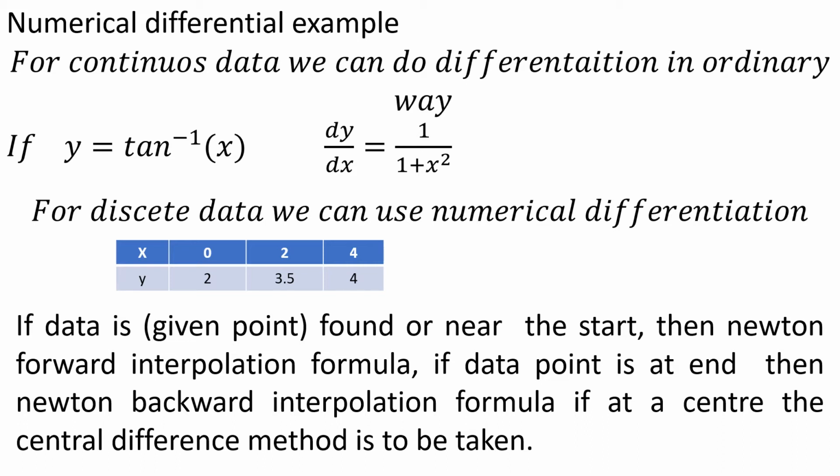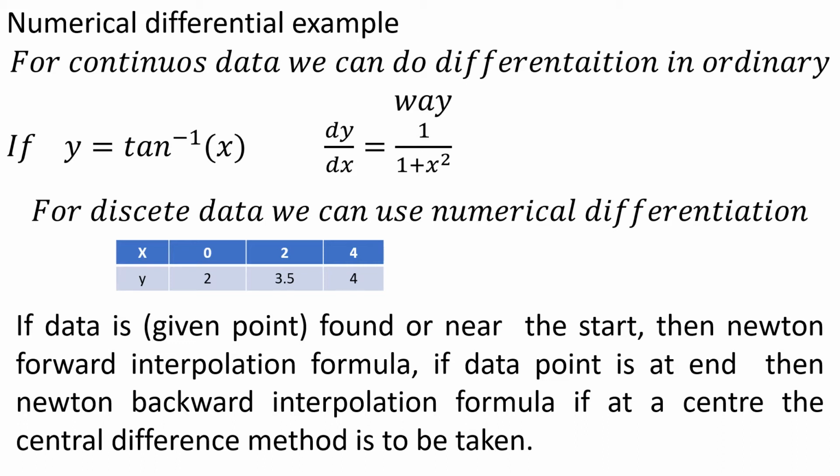For discrete data, like this one, x equal to 0, x equal to 2, x equal to 4, it can be any value, right? For that, it depends on the point at which we have to find the value of the differential.